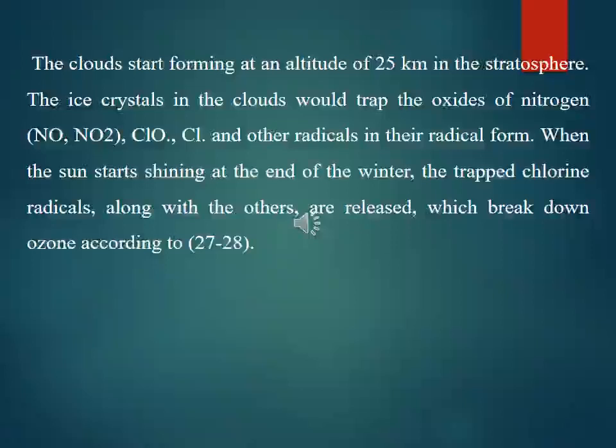When the sun starts shining at the end of the winter, the trapped chlorine radicals and other free radicals, along with VOCs, are released, and they break down ozone according to the reactions described earlier.